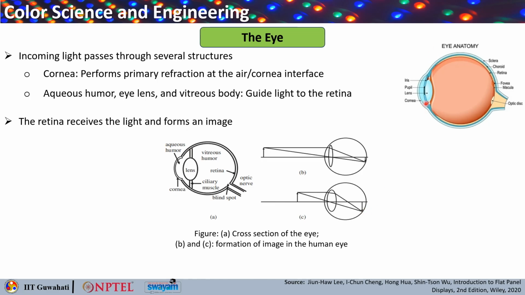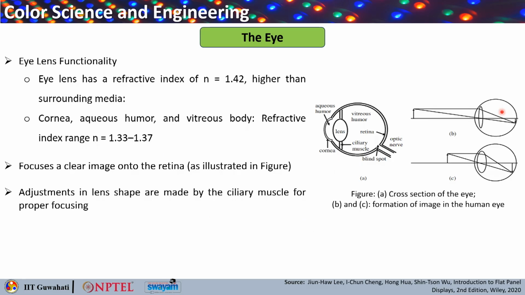There are a couple of other factors in eye anatomy that are very important. One is the fovea, and the other is the optic disc. This is where the nerve point is, which also sends signals to your brain.